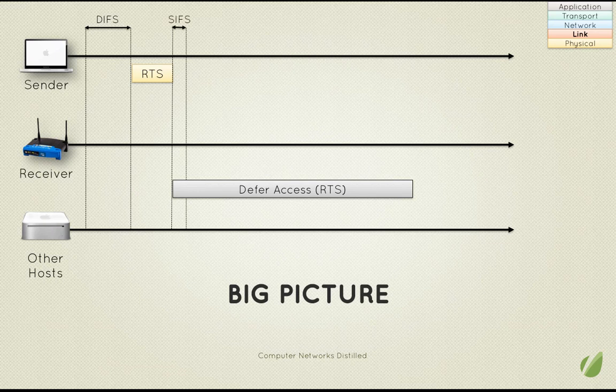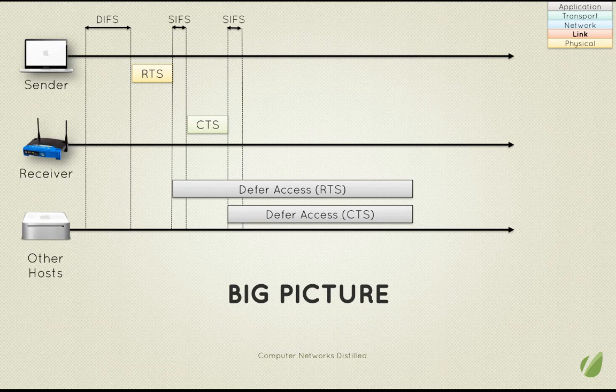After a short period, SIFS, the receiver will send back the CTS. At this point, all of the hosts that can hear the CTS will also defer access. This may be a different group than the hosts that could hear the RTS. After another SIFS period of time, the data packet will be sent, from the sender to the receiver. When the data packet is over, after another SIFS period of time, an acknowledgement from the receiver to the sender will be sent.